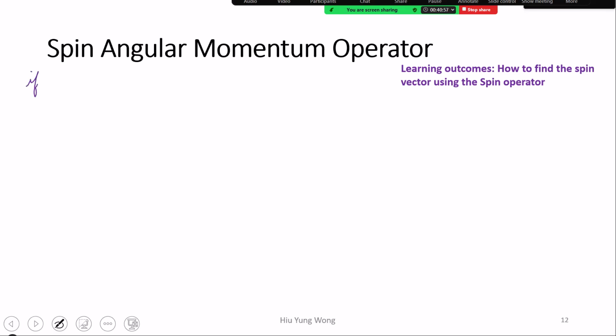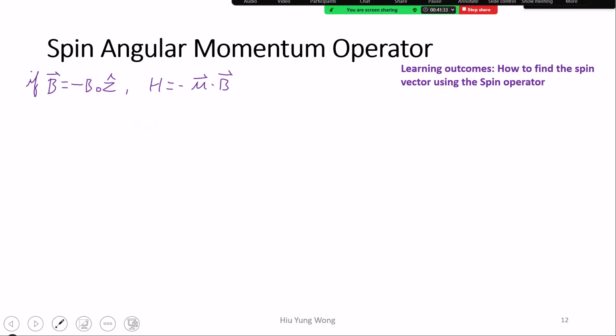I told you that if the magnetic field is in the z direction, then the Hamiltonian is equal to negative mu dot B, which are just two vectors. However, this is not correct, because this is under the assumption that you already have the magnetic field in one direction.